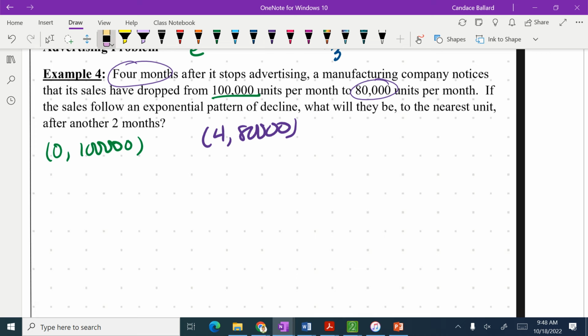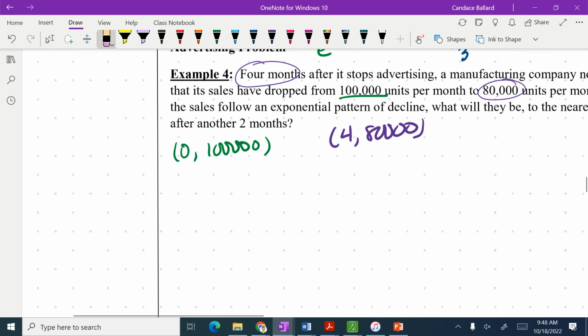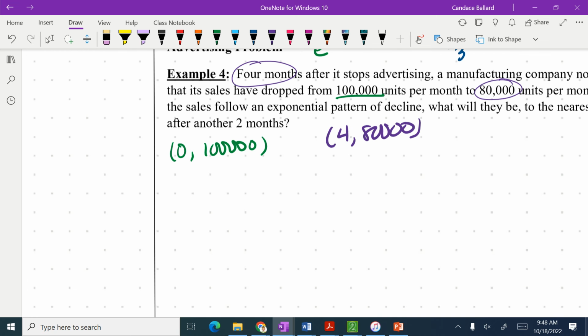All right, so I'm going to go to my formula. Remember, it is A or Y or whatever you want to call it equals CE to the KT. Okay, so what am I going to put in for my amount or my Y value? 100,000. Good. Equals CE. We don't know K. What's my time?